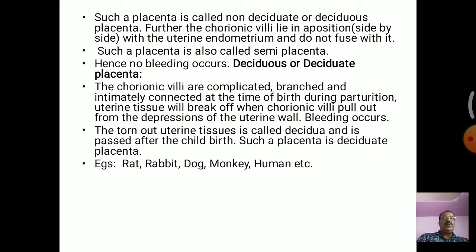The torn out uterine tissue is called decidua and is passed after the childbirth. Such a placenta is a deciduate placenta. Examples: rat, rabbit, dog, monkey, human, etc.